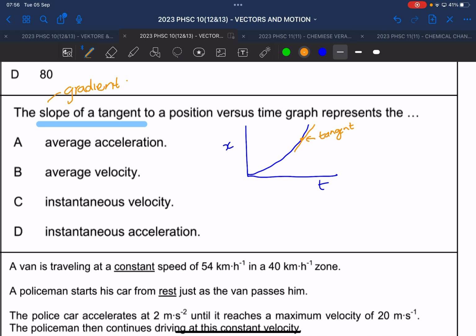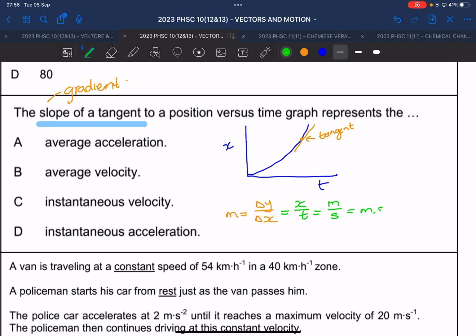Okay. Right, so they're basically asking you, what does the gradient represent of a position versus time graph? Okay, and we did that yesterday. We said, okay, gradient is the change in y over the change in x. For this graph specifically, it's the x over the t in meters over second.